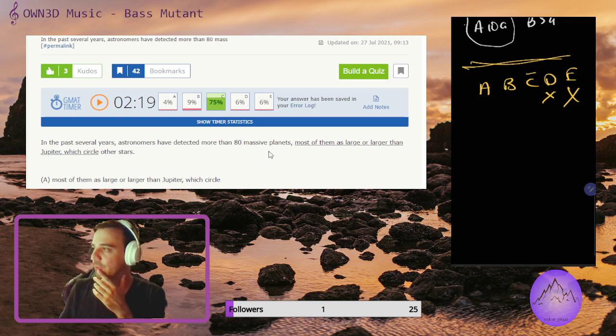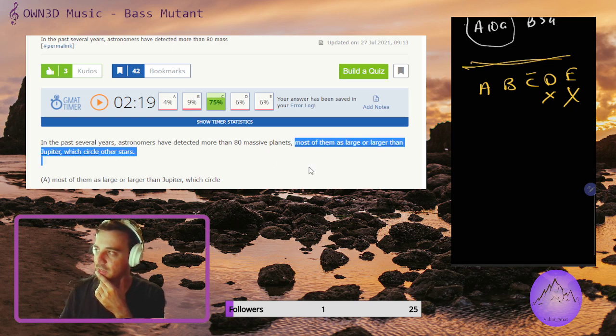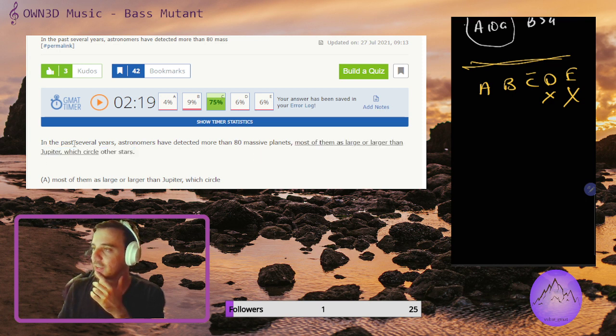So in theory, if we pretend the rest of this whole sentence is here, like: in the past several years, astronomers have detected more than 80 massive planets, mostly doing so while finishing their dinner, something like that, describing how they did it.